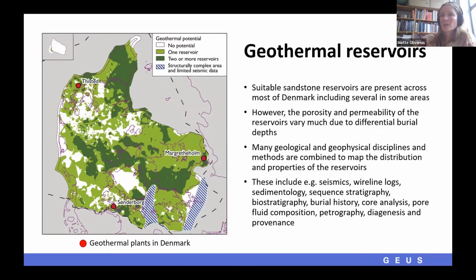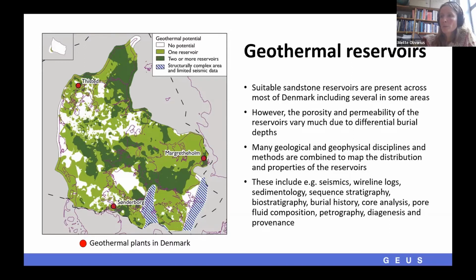So many geological and geophysical disciplines and methods are combined to map the distribution and also the reservoir properties of all the sandstone reservoirs. These include, for example, seismic, wireline logs, sedimentology of the cores, and sequence stratigraphy and biostratigraphy to make age dating of the sandstones, and to combine them between wells, correlate them, and then burial history and core analysis.